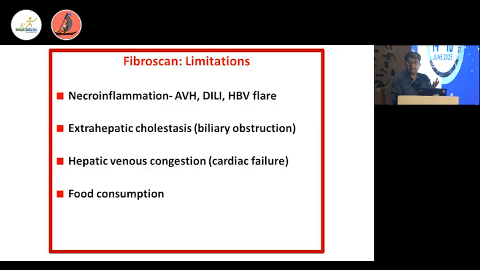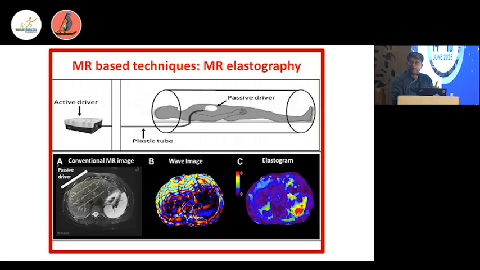And why will the liver be denser? Because of fibrosis. So you can see here that the liver on the right side is denser, it has got more fibrosis, the velocity is more, and therefore we have got the faster propagation of the shear waves. So as you can see here, if you see F0 fibrosis, F2 fibrosis, and F4, as the fibrosis increases, you can see here that this slope becomes steeper.